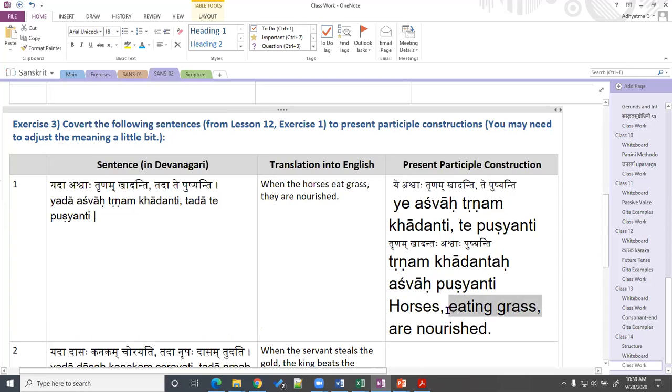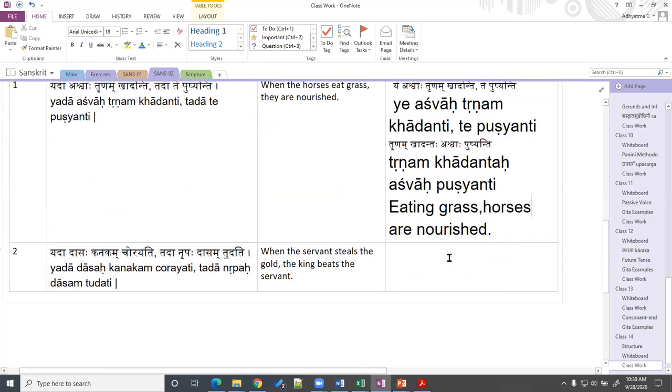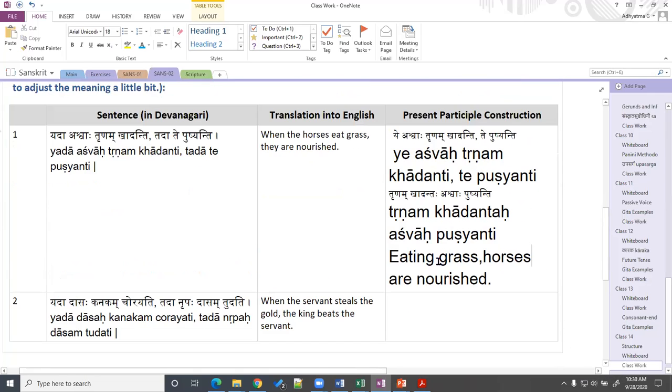We can even put it in English that way, which might look a little better. So just see whatever makes sense in English. Eating grass, horses are nourished. So you have to change the structure of the sentence a little bit in this exercise.